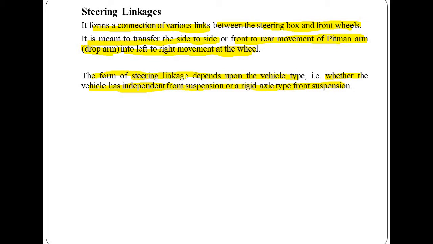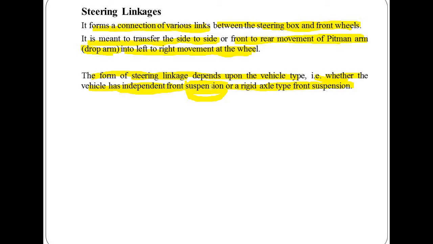The form of steering linkage depends on the vehicle type. Different types of vehicles are in use, so different types of steering linkages are there, depending on whether the vehicle has independent front suspension or a rigid axle type front suspension. We covered the introductory part of the suspension system in unit number 1, but in this unit we will go thoroughly into different types of suspension systems.